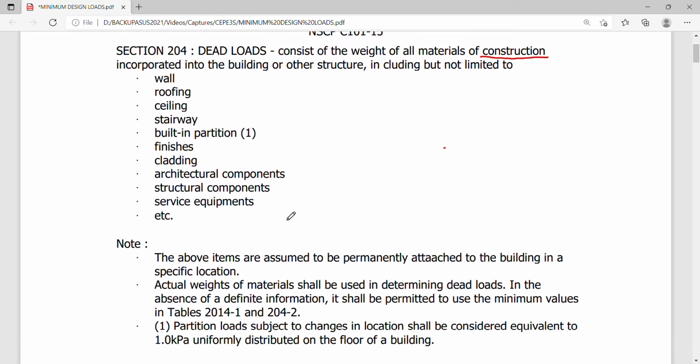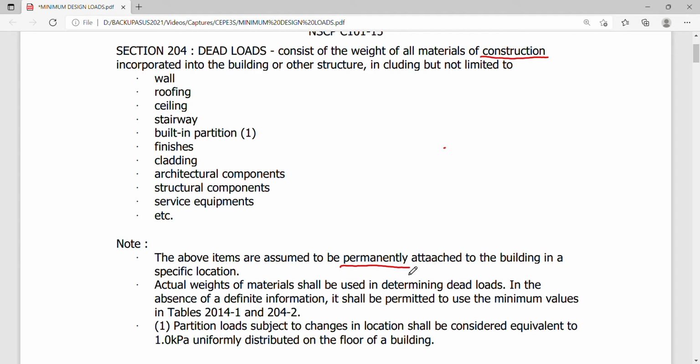So to differentiate dead loads to other loads, just try to look into the note below that the dead loads are simply the items that are assumed to be permanently. Okay, so this is the keyword for that.